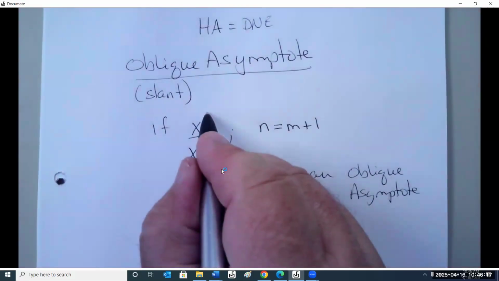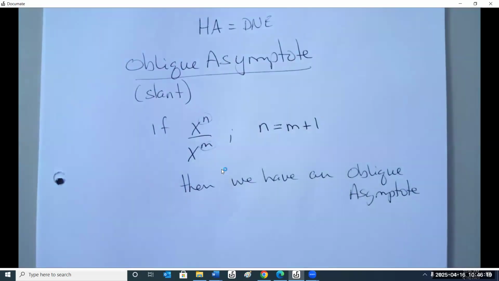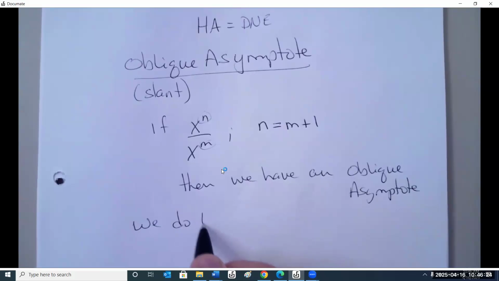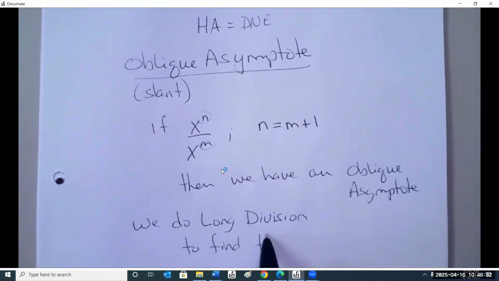If the top is bigger than the bottom by 1, we do long division to find the oblique asymptote.